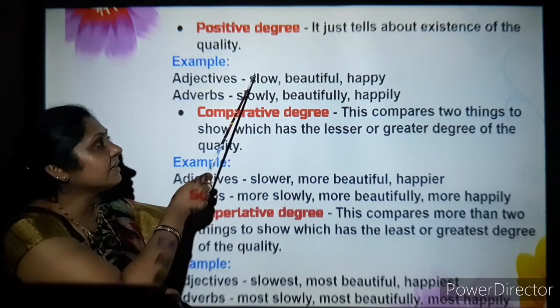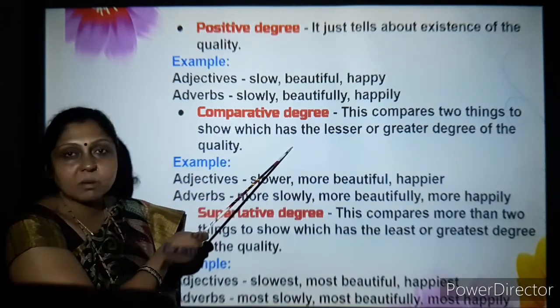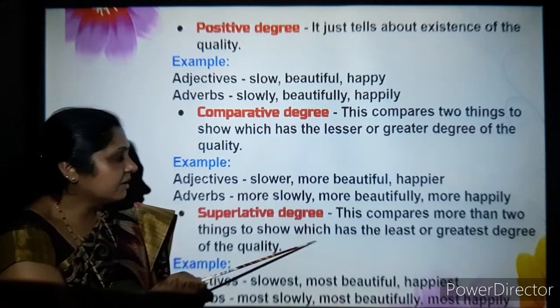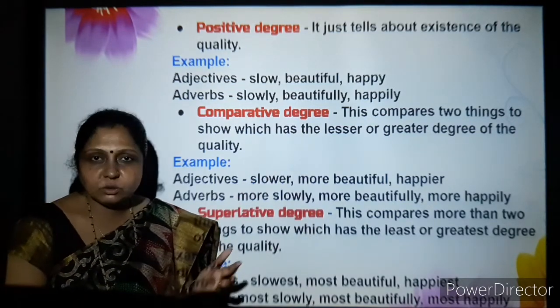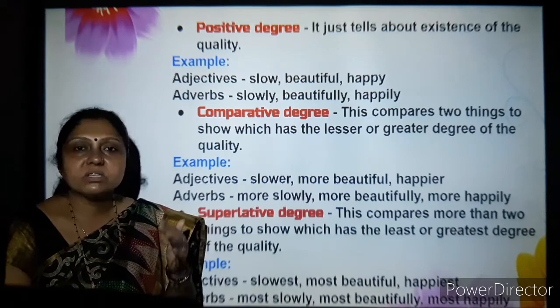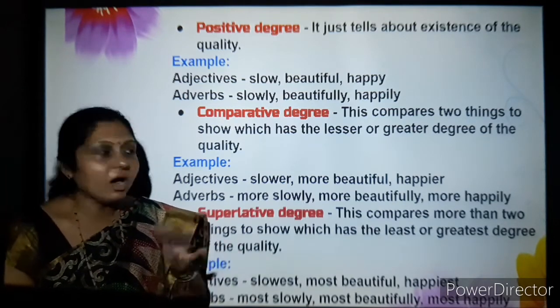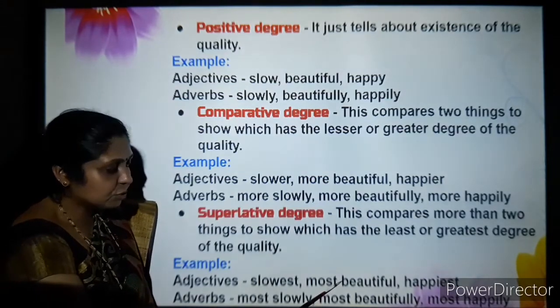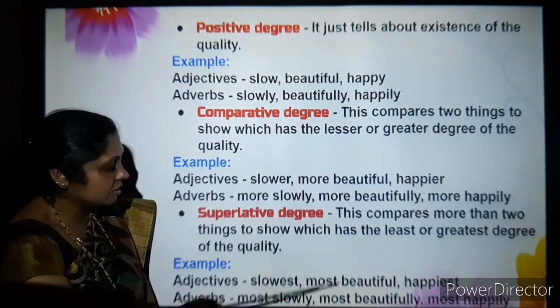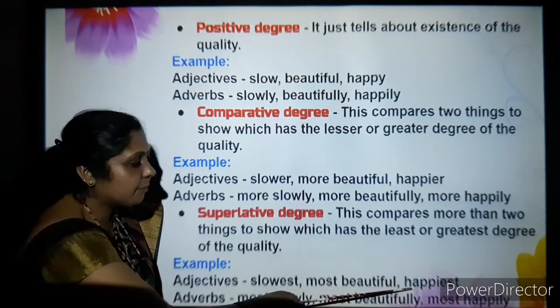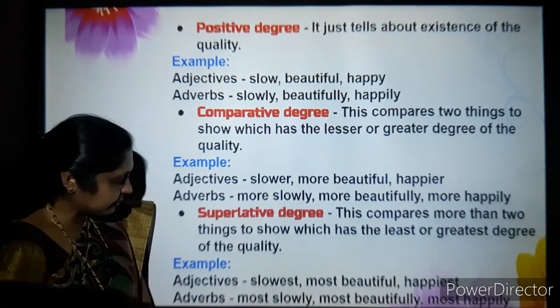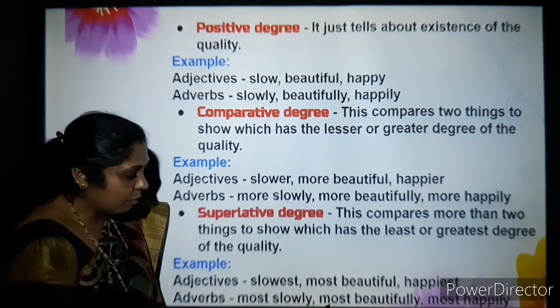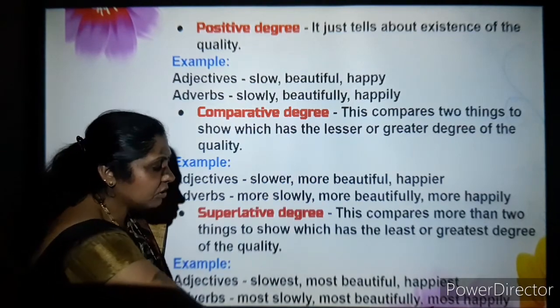Here it is the existence, here it is the comparison between two things, and here it is more than two things where you tell about the ultimate, the least or the greatest. Slowest, most beautiful. Here it was more, here it is most. Happiest. Adverbs: most slowly, most beautifully, most happily.